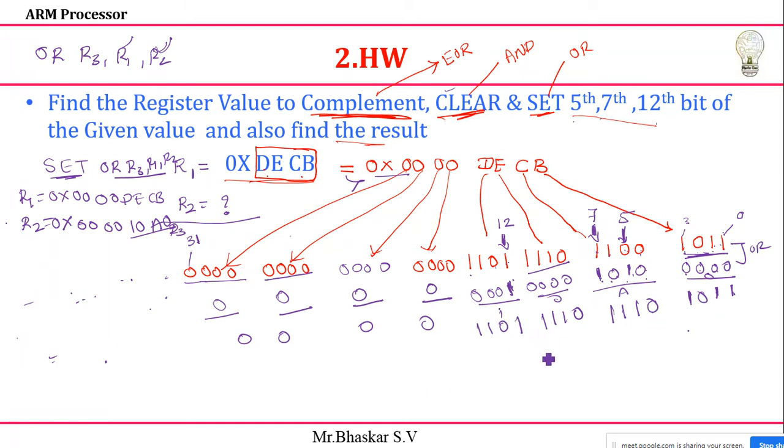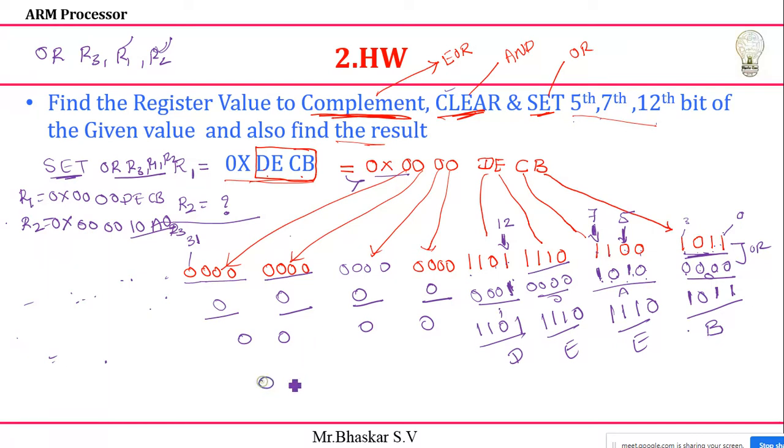So what is the value? D, E, E, and D now. Okay.